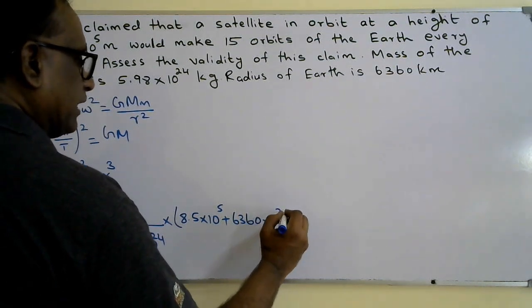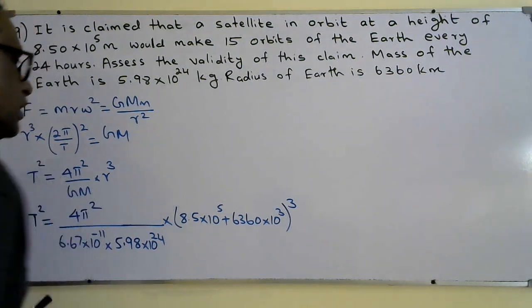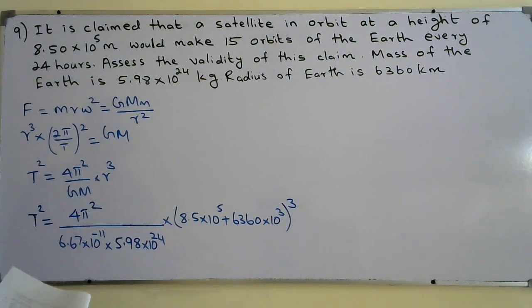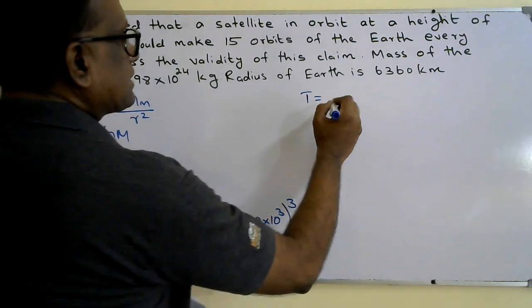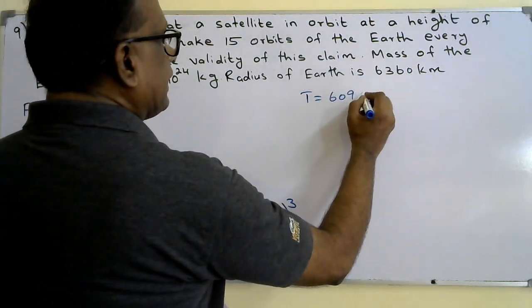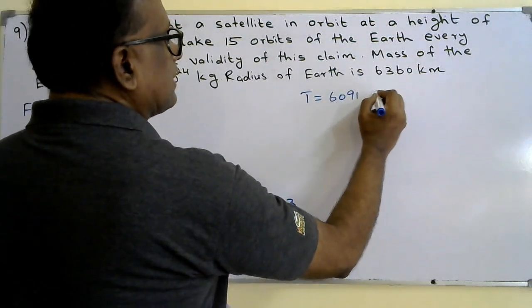After that, find T squared and take the square root of it. Solving it, you will get T equal to 6091 seconds.